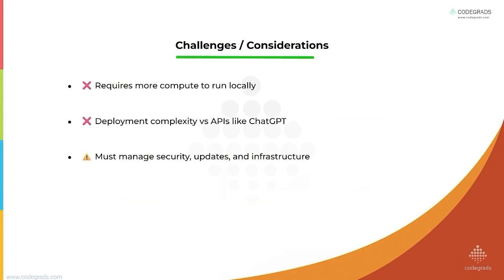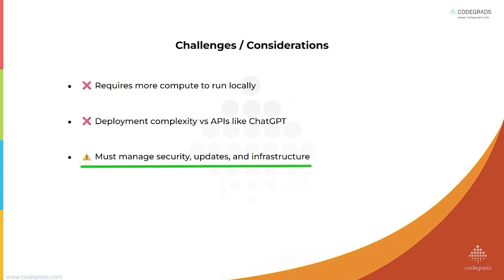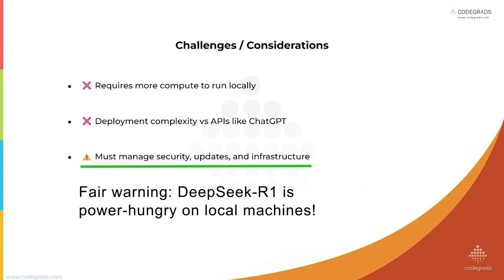Now, the challenges or considerations in R1 are that it requires more compute to run locally. If you need to download the model, the computational power of our local system should be higher, and there is deployment complexity versus APIs like ChatGPT. While deploying the model, it is a much more complex task compared to ChatGPT, which can be accessed through APIs. We should also manage security updates and infrastructure.